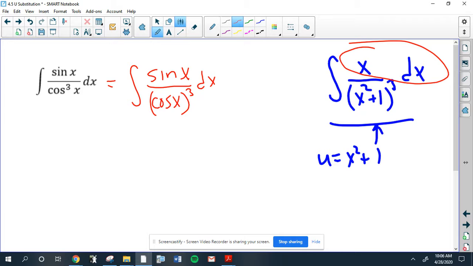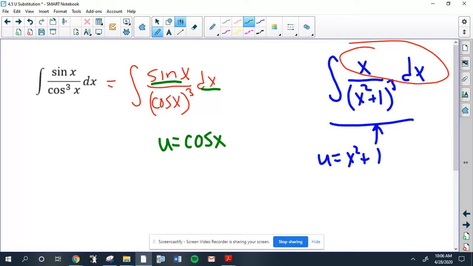So now if we jump back to the trig one, my first instinct would let u be cosine of x because that's the inside function. But now think about what du is going to be. The derivative of cosine is negative sine x dx. Sine x dx. That's also a good indication that this is going to work.